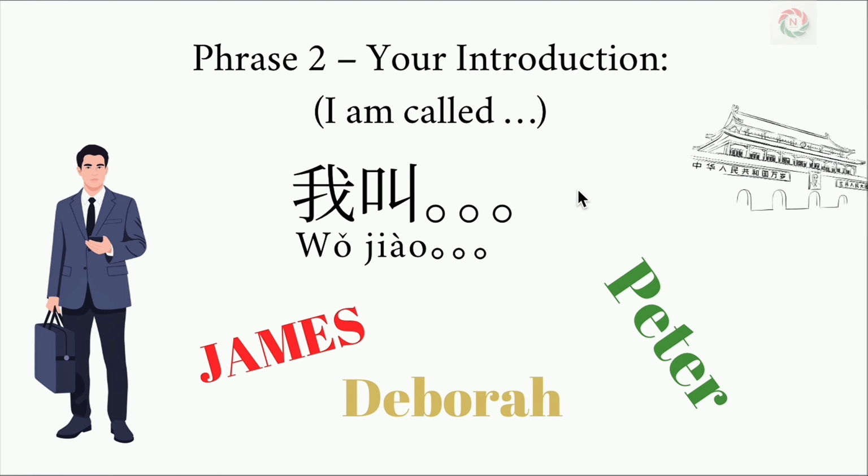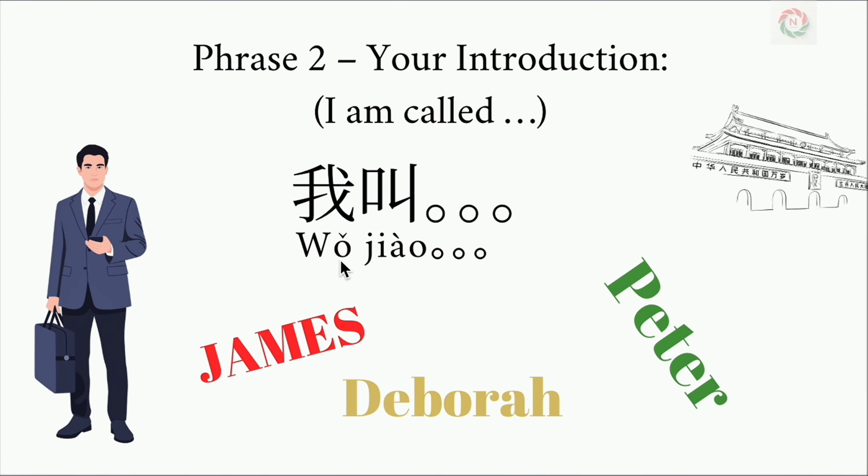And then your introduction. How do you introduce yourself in Chinese? We'll use this expression, I am called so-and-so. So you say 我, which means I, and 叫, please pronounce this word. 叫 means to call somebody with your mouth, or I am called so-and-so.